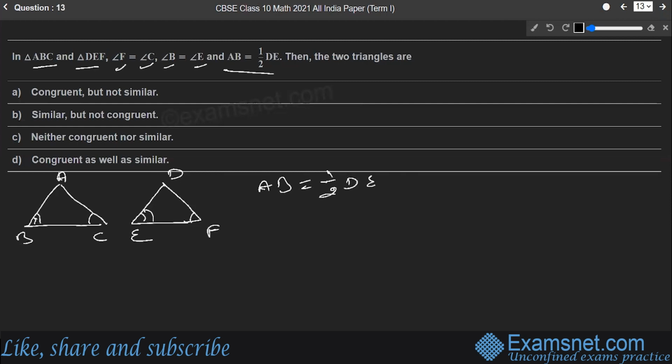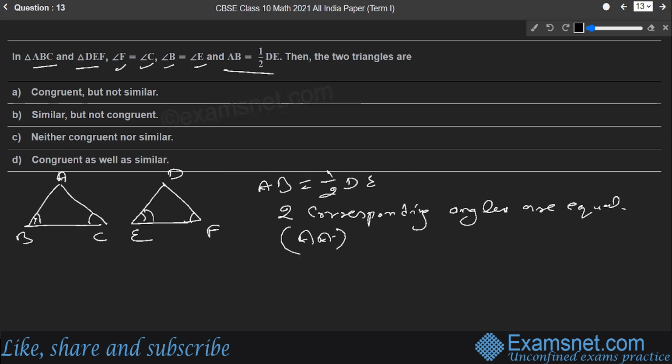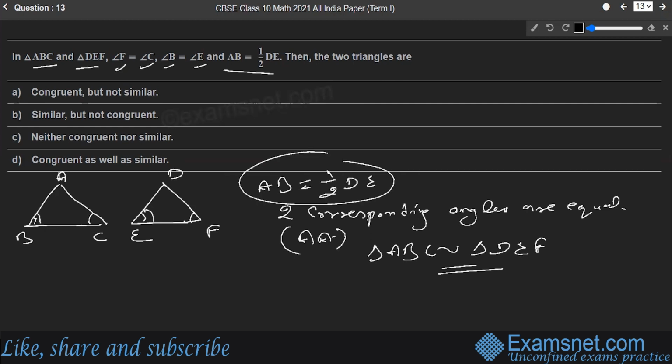Between these two triangles, two corresponding angles are equal. So using the angle axiom, we can say the two triangles are similar: triangle ABC is similar to triangle DEF. But as AB is half of DE, they cannot be congruent, because for being congruent all the sides should be equal to each other.